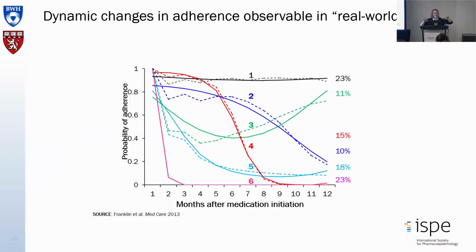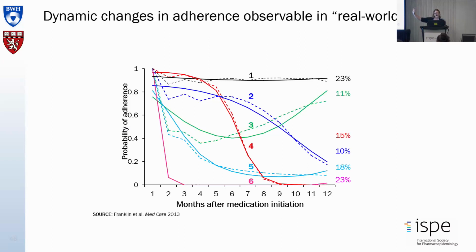Rather than just summarizing the proportion of days covered or whether patients were adherent or not, we get these fun little patterns across different groups in our data. There are different ways of coming up with the number of groups that should be in your data.